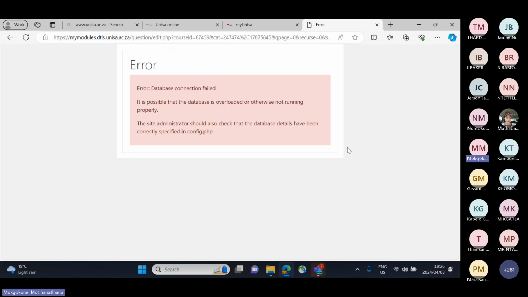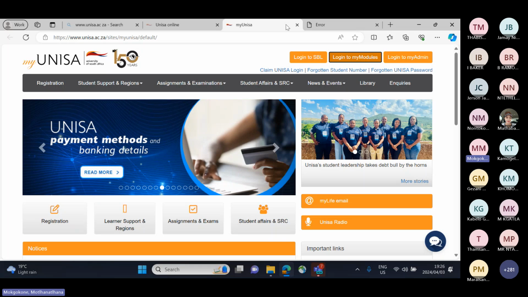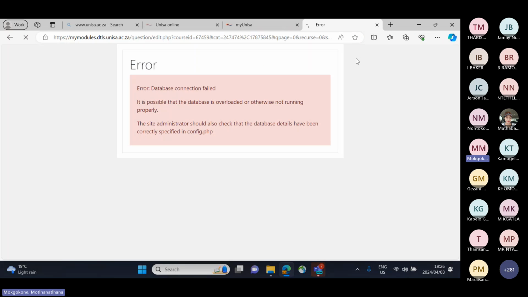Then the other one will be cashier. Let's take questions, because I think it will take time, the system is too slow also. Let's try, the system is giving me a database error. Now I must go and log in again.